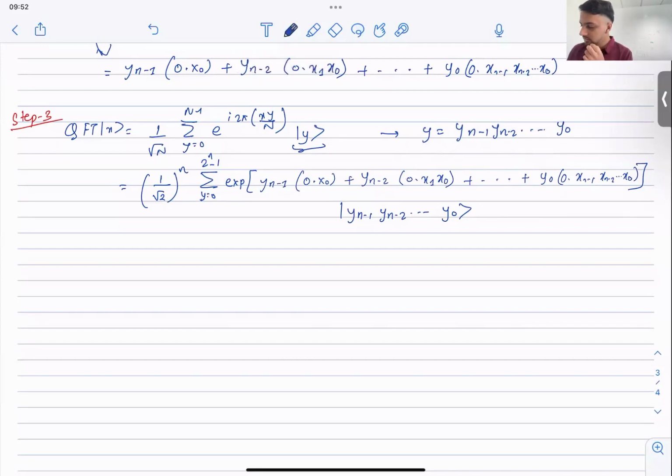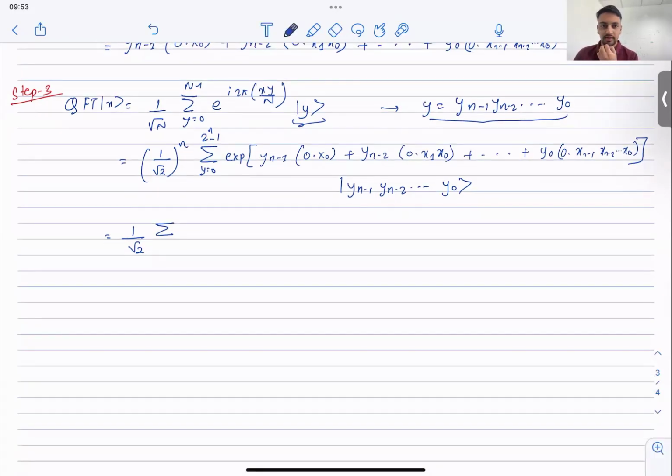So now what you do is you expand this out. I'm going to distribute 1 over square root of 2, and I'm also going to distribute the sum over y, because remember this y is actually the thing I wrote here, right? I don't need to write it down again. It's going to have all these possible values.